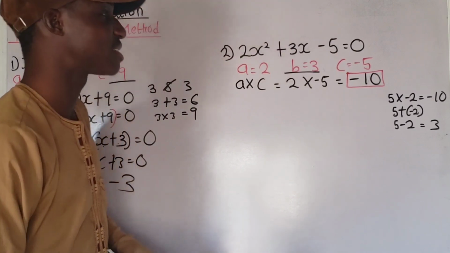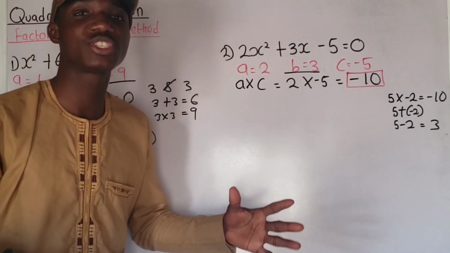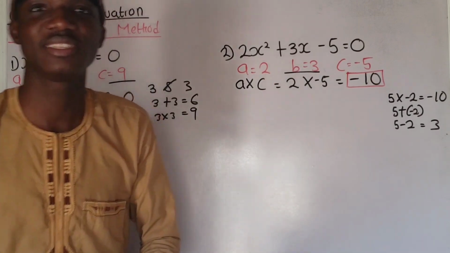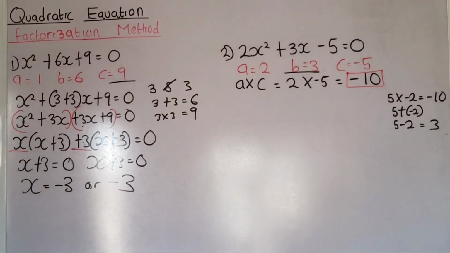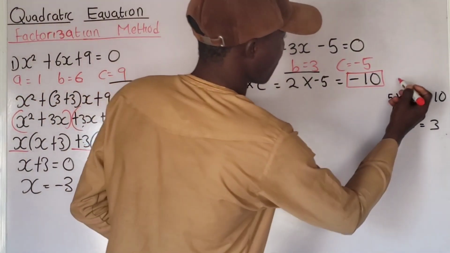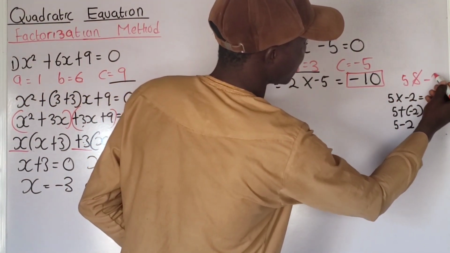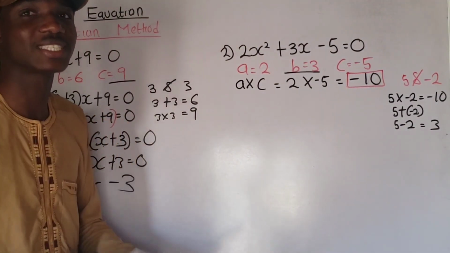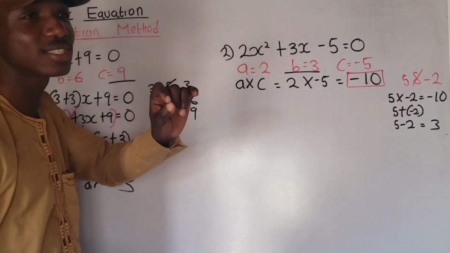So you can see that the two numbers whose product is negative 10 and whose sum is positive 3 are 5 and negative 2. Okay?